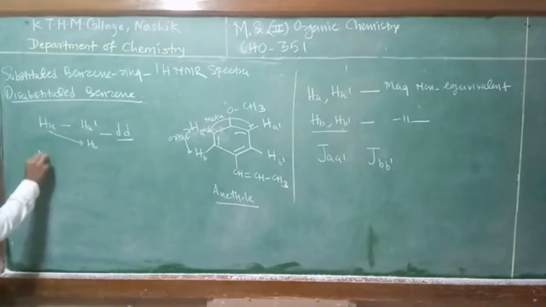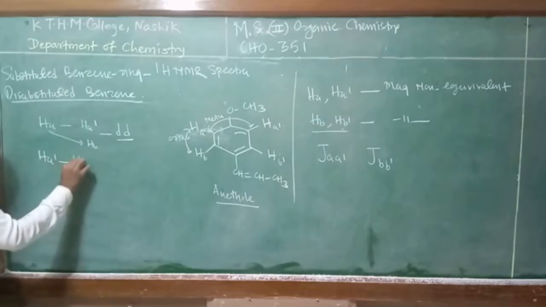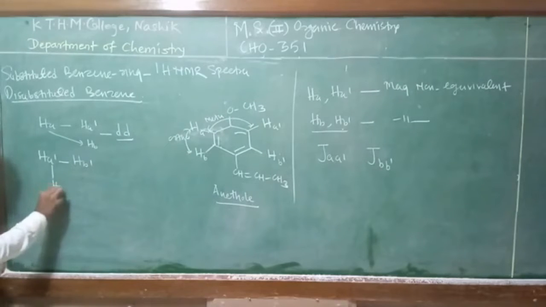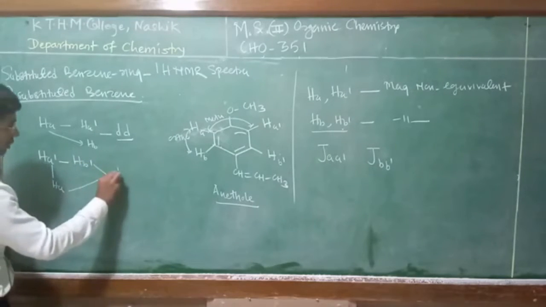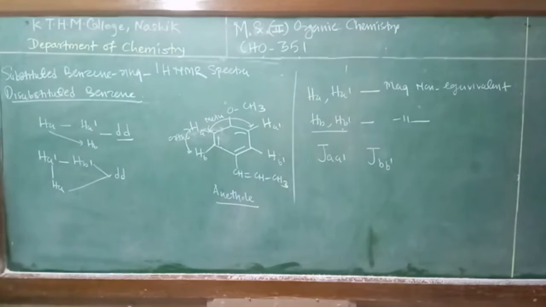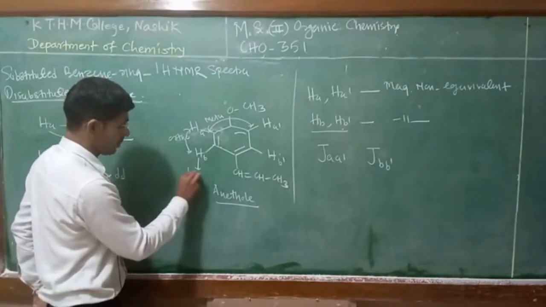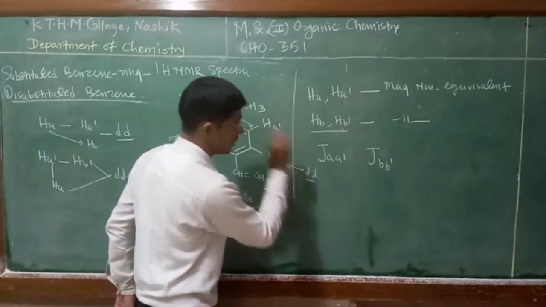Same we can write for Ha dash. This Ha dash couples with Hb dash by ortho coupling and with Ha by meta coupling. So again these two give a doublet of doublet. Hb also gives a doublet of doublet, and Hb dash also gives a doublet of doublet.